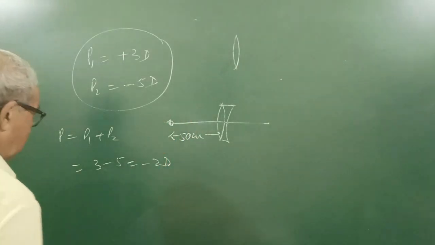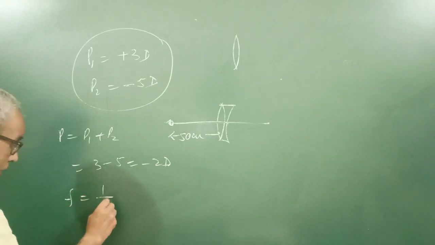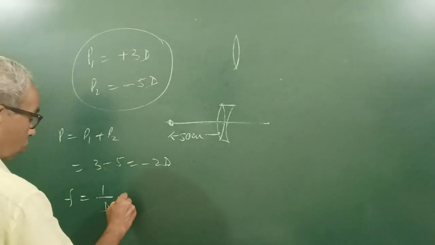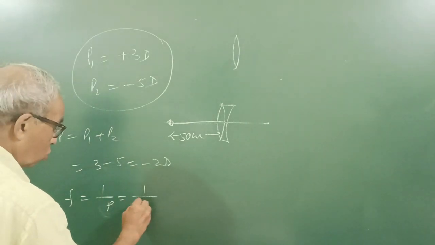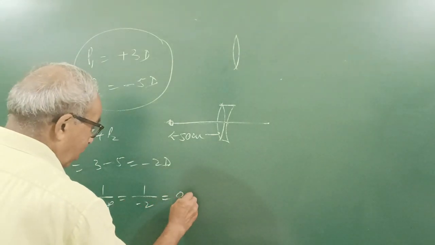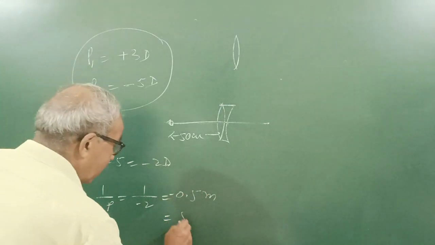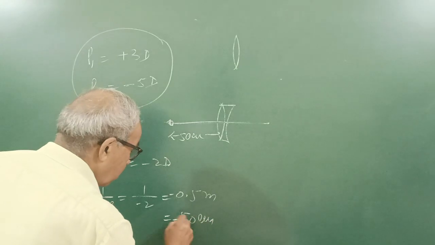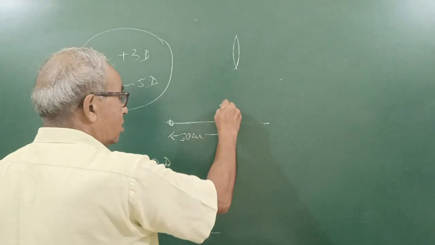And F is equal to 1 upon P. So 1 upon minus 2, that is minus 0.5 meter or 50 centimeter. Minus 50 centimeter will be the focal length of the combined lens.